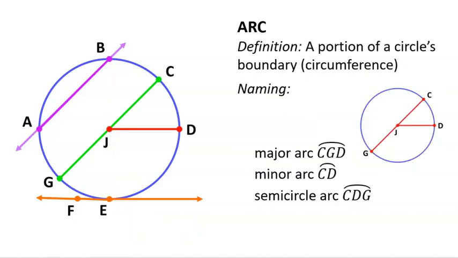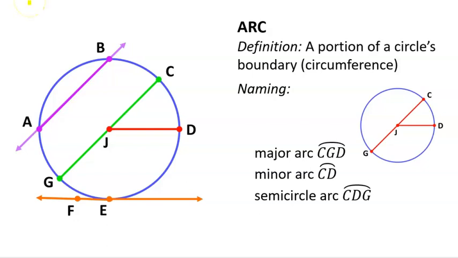An arc is a portion of a circle's boundary, so a part of your circumference. And so when we're naming that, we often talk about whether it's a minor or a major arc.